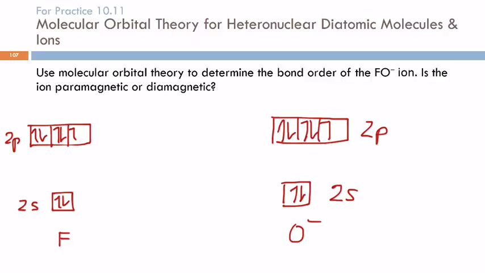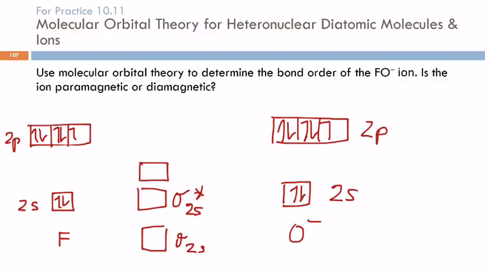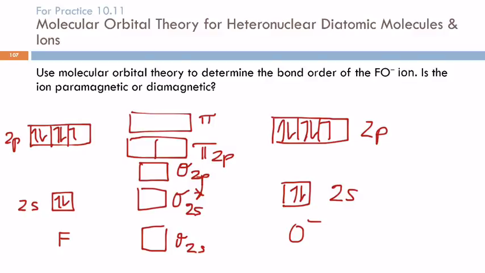And then we have to draw all the splitty things. So we had sigma star 2s and sigma 2s. And then we've got sigma 2p and pi 2p and pi star 2p and sigma star 2p.